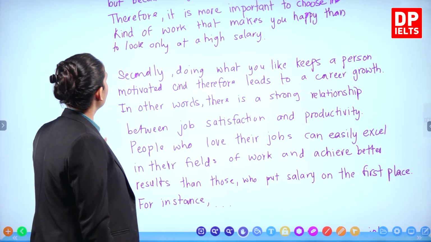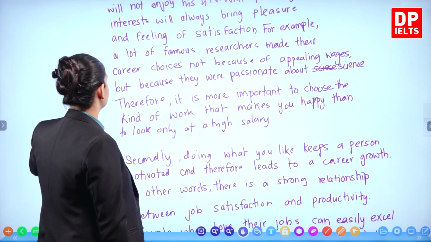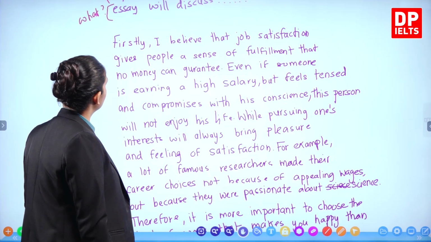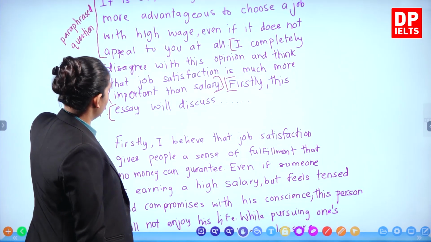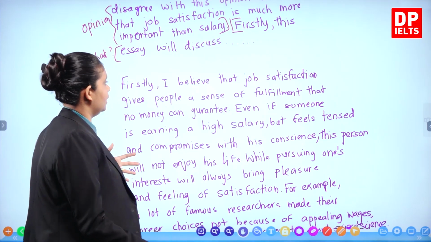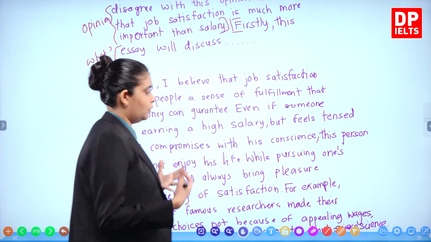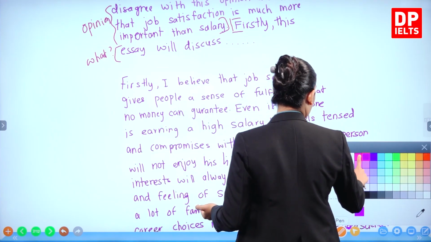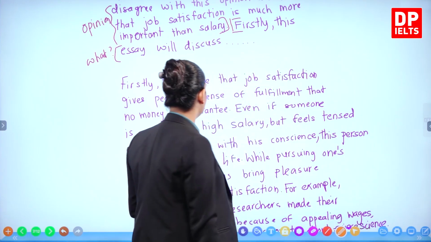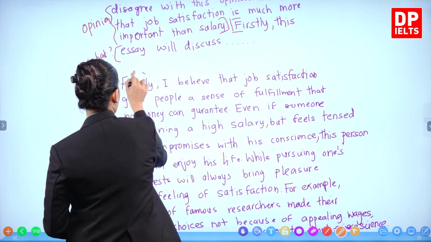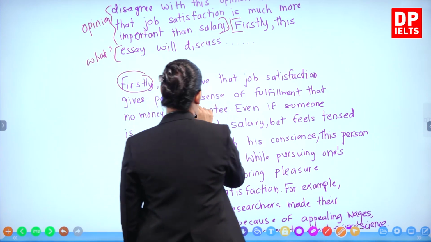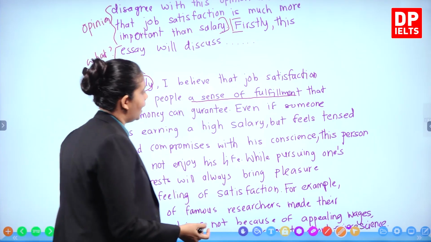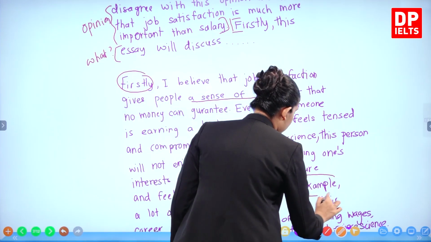Now let's have a look at our structure. So here we start with the intro, right? And then firstly I'm going to talk about how it is a feeling of fulfillment, a sense of fulfillment and how it makes you feel happy. And the next para we are going to talk about motivation. So firstly is my linker. I believe that it has a sense of fulfillment, okay? And then I explain it and then I write an example.